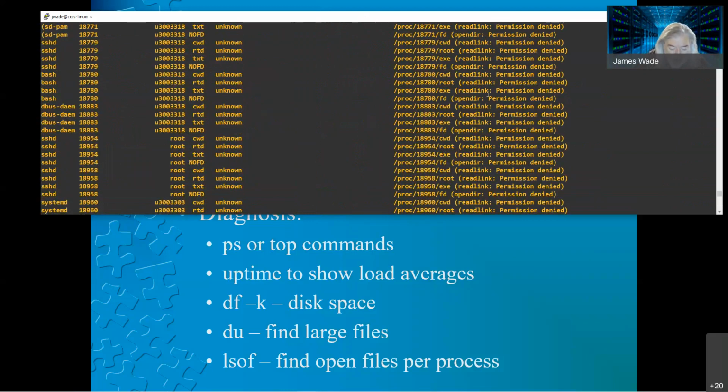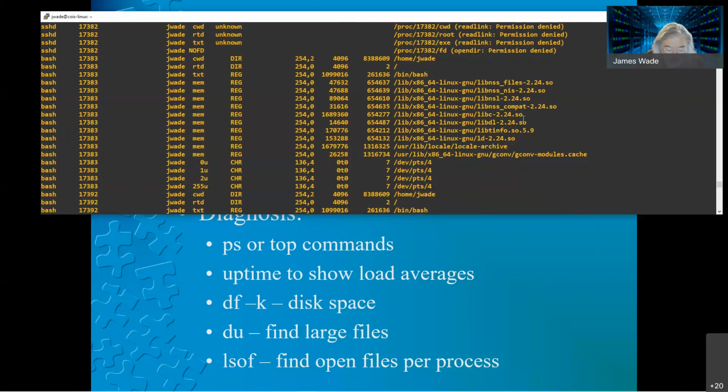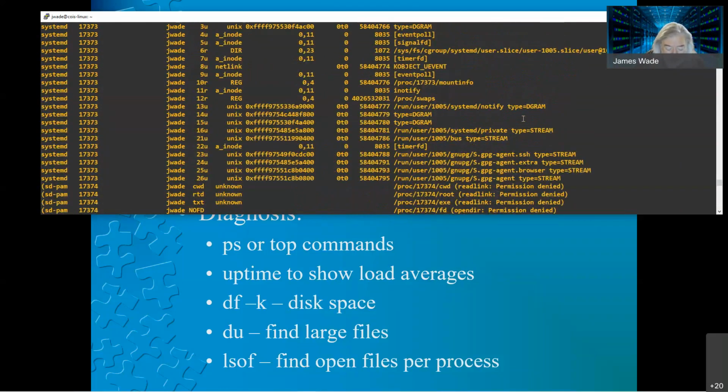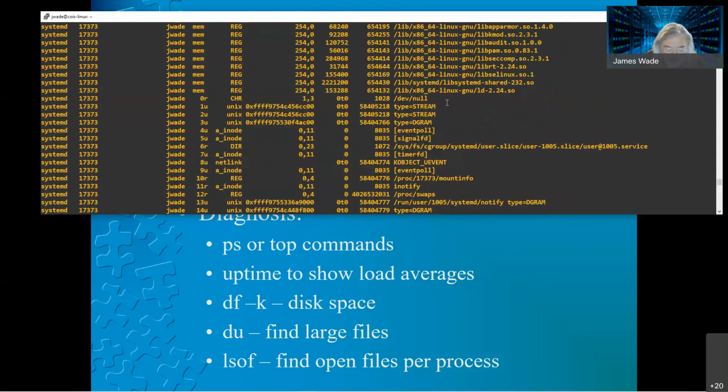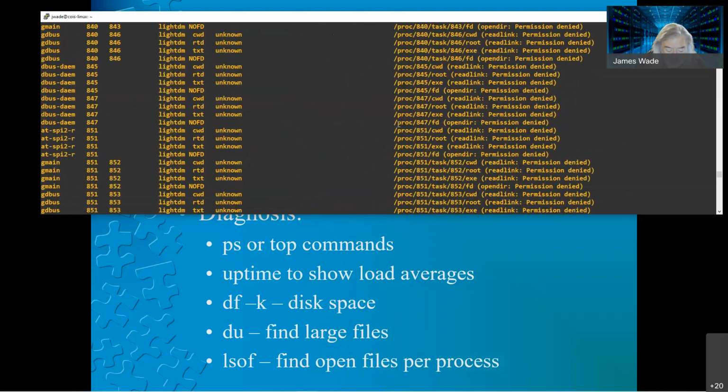And when you do an lsof, it tries to do all the processes. And see, I'm getting all these permission denied. My processes, though, it is going to list some of them. You can see it is listing. And here's some of the files, all these library files that it's opened up to run. And here's the size. And then here's a bunch more permission denied.